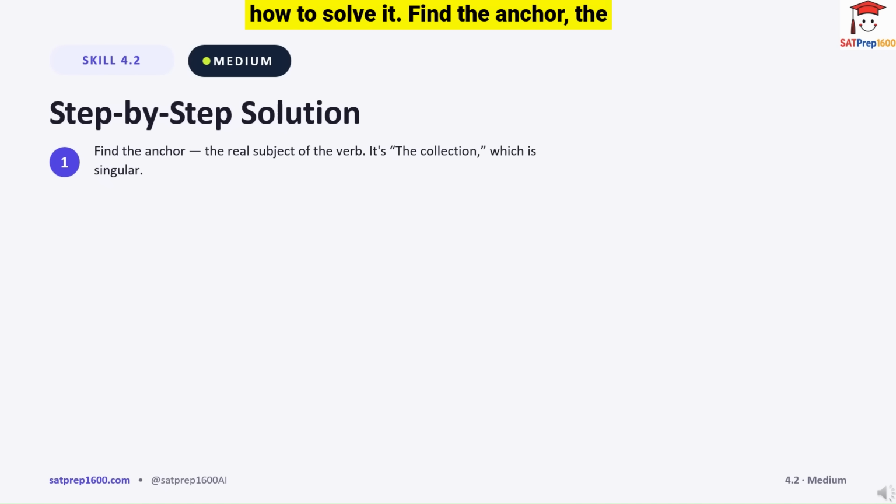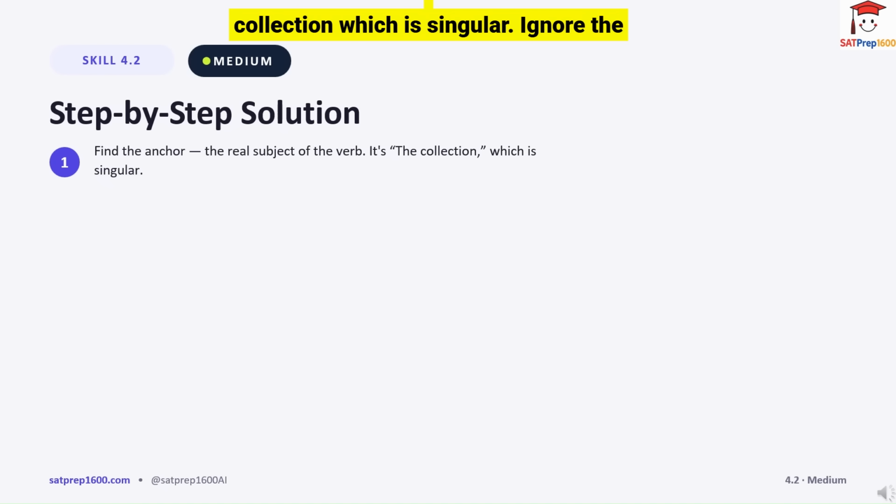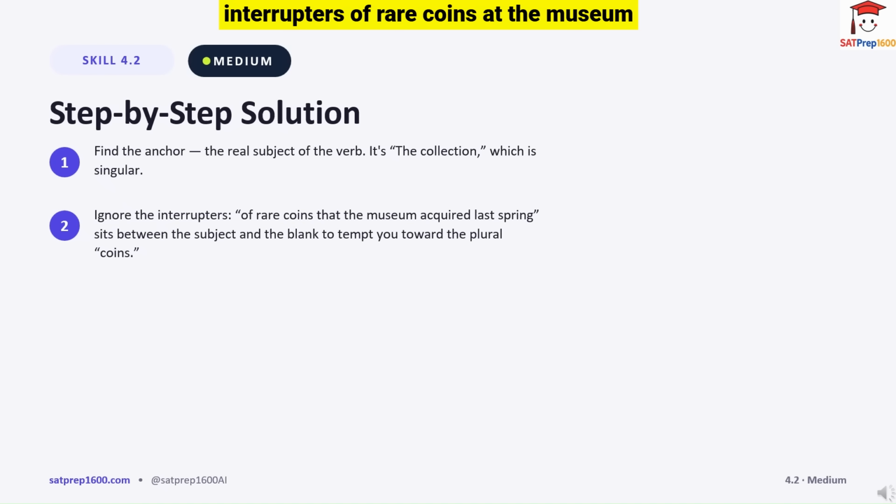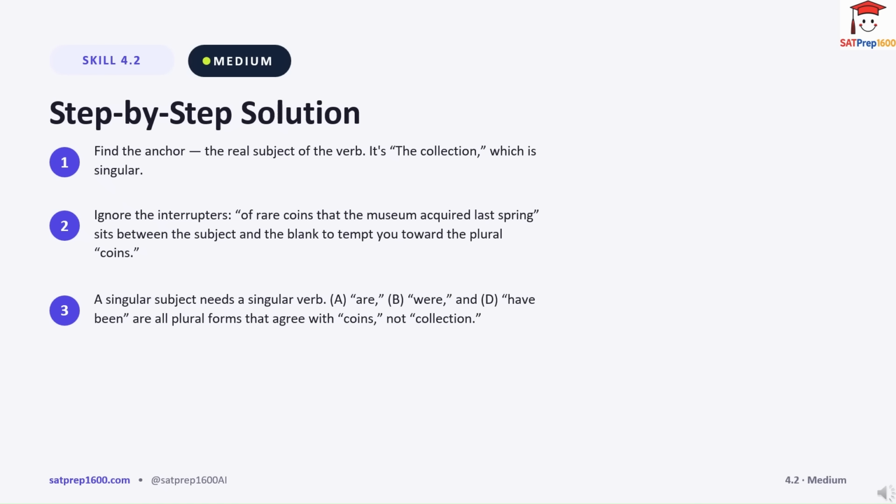Find the anchor, the real subject of the verb. It's the collection, which is singular. Ignore the interrupters. Of rare coins at the museum acquired last spring sits between the subject and the blank to tempt you toward the plural coins. A singular subject needs a singular verb. A, are, B, were, and D, have been are all plural forms that agree with coins, not collection.